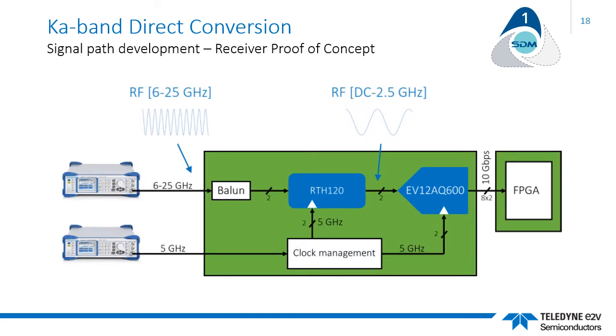Using off-the-shelf components, an experimental test circuit was conceived, which enabled frequency translation or down conversion from around 20 GHz using a track and hold circuit. The resulting module included clock management to ensure sample clocks of the track and hold amplifier and ADC were synchronized.